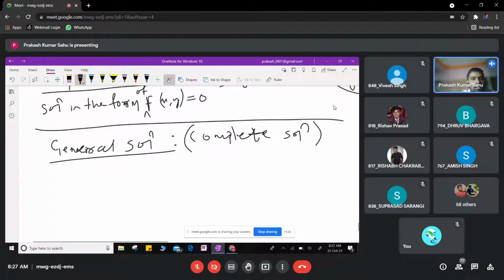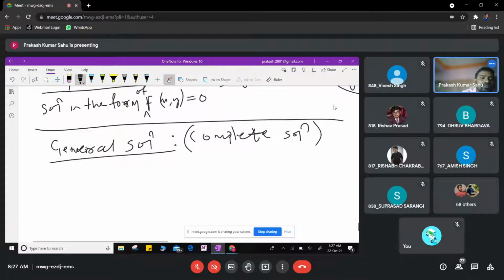General solution means the solution of a differential equation that contains arbitrary constants. First, write the definition.